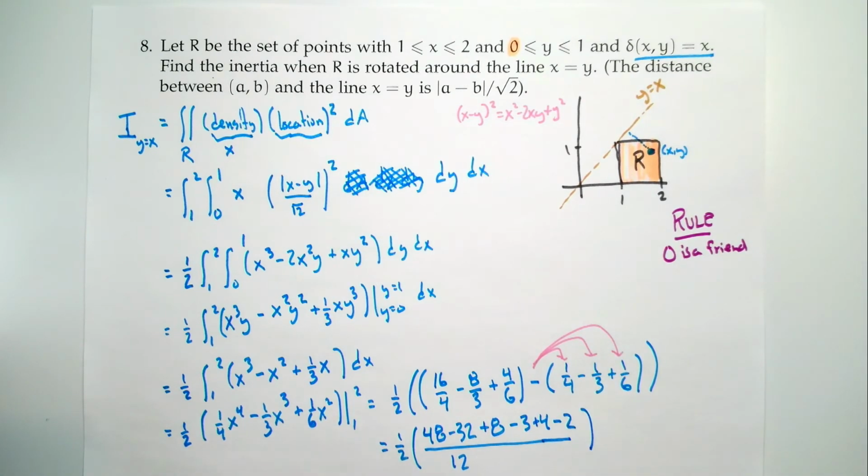Okay, so let's be careful. 48 subtract 32, 16. Plus 8, 24. Subtract 3, 21. Plus 4, 25. Subtract 2, 23. So upstairs we have 23. Downstairs, 2 times 12 makes 24. And that's the answer. 23/24.